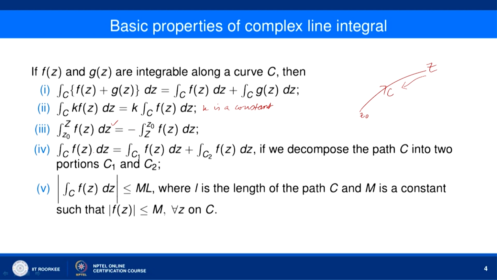So the integral over C of f(z) dz is the integral over C1 of f(z) dz plus the integral over C2 of f(z) dz, if we decompose path C into two portions.